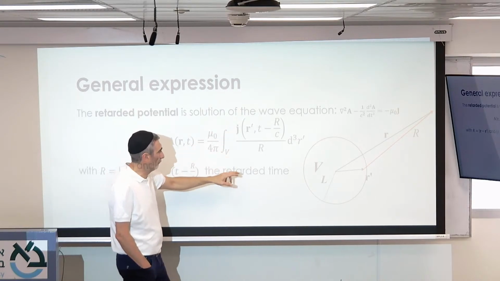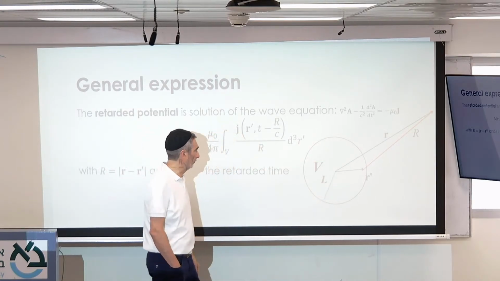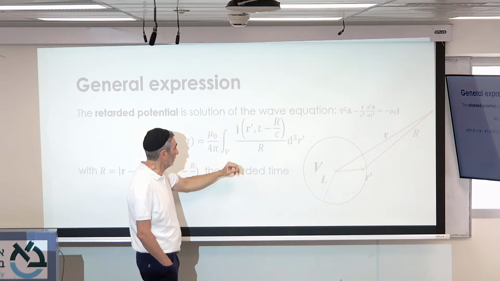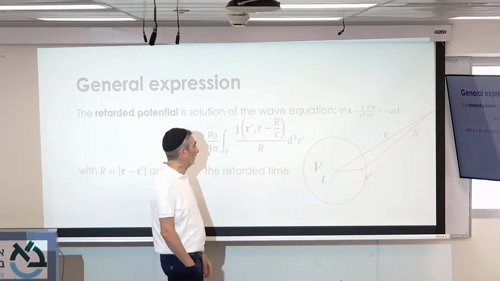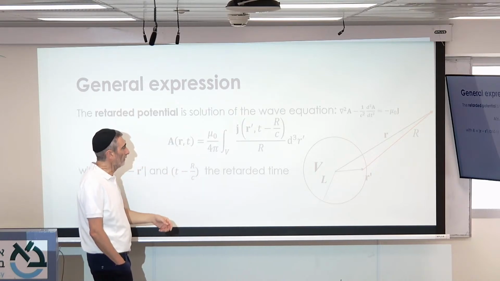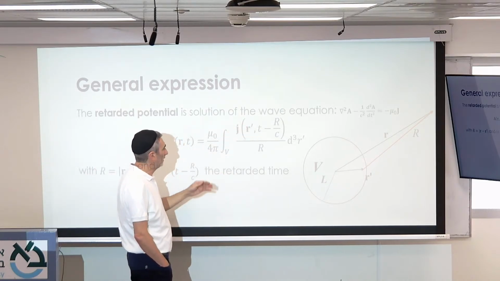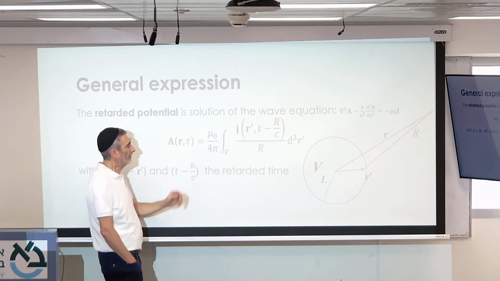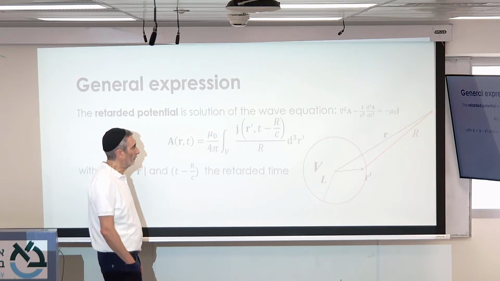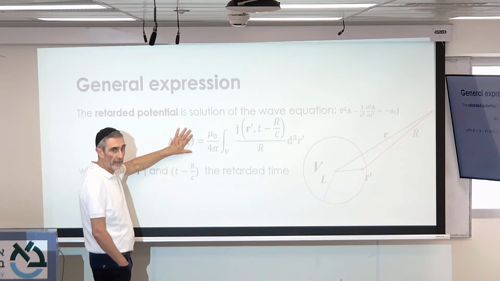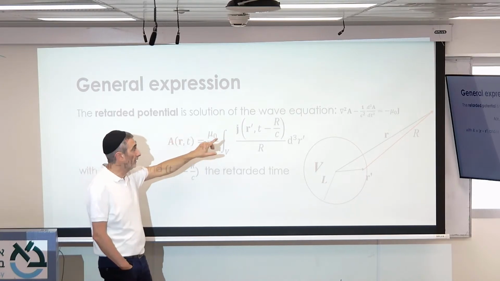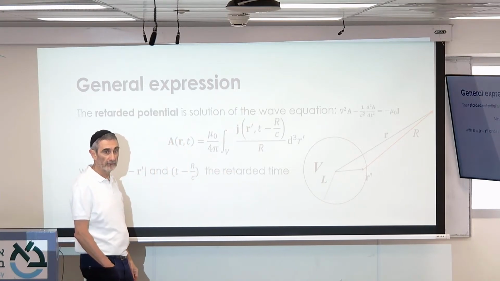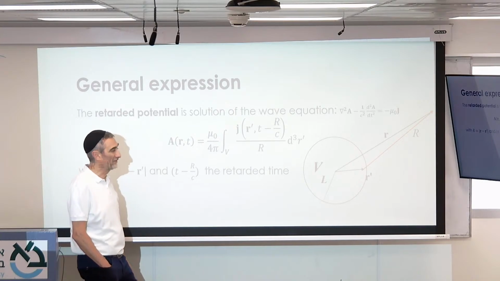Then you need to integrate over the volume of the sources of the currents here, J of r prime, t minus R over c, over R. So we integrate over all the sources that will contribute to radiate toward that position r at time t. That's something I don't demonstrate, but you can just put it in the equation and you'll see that it's true. It will solve the equation.